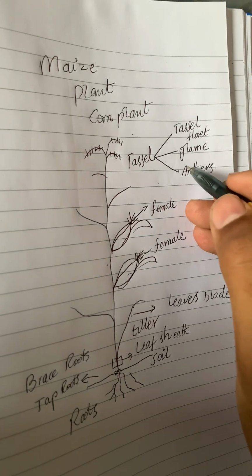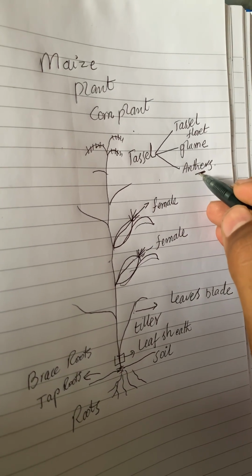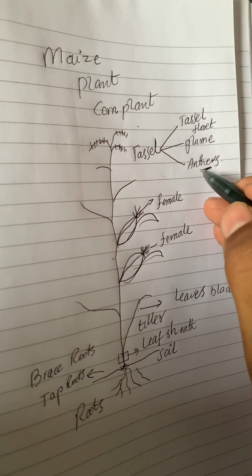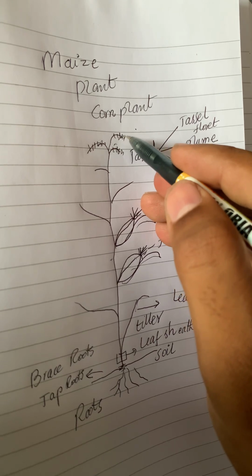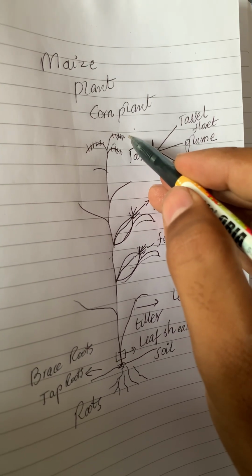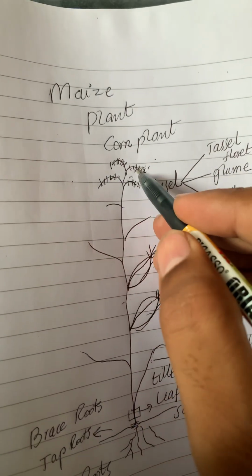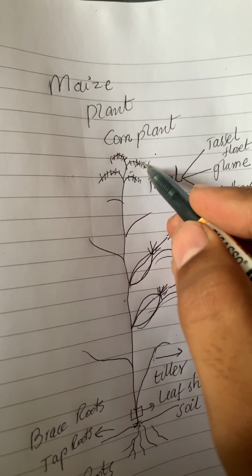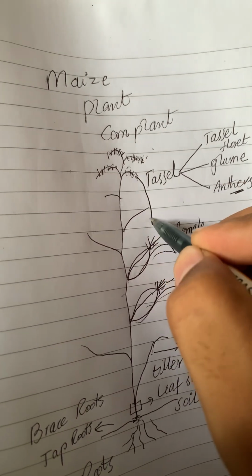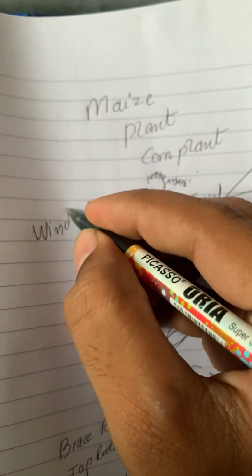These anthers are the male part and develop into pollen, and when the air breeze runs or any insect comes, these male pollens are transported to the silk by wind. This is called wind pollination.